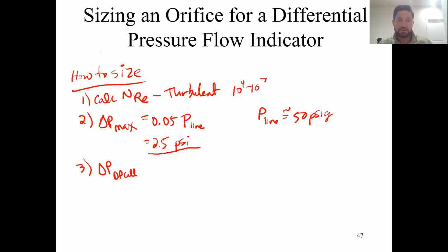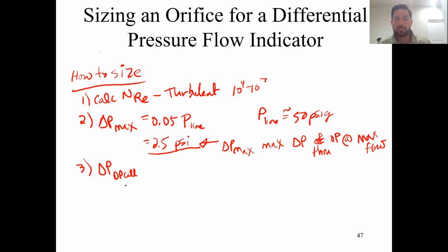In other words, this right here, DP max, is the maximum DP through the orifice plate at max flow. The DP of the DP cell is the nominal measurement of the DP cell. So the heuristic is that this value should be 2/3 of the DP cell.